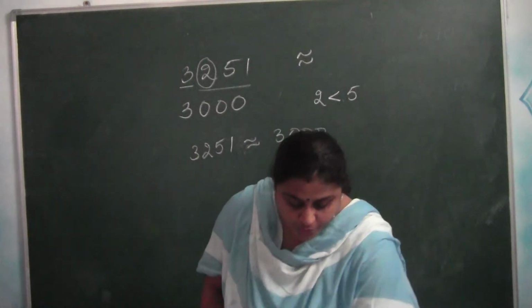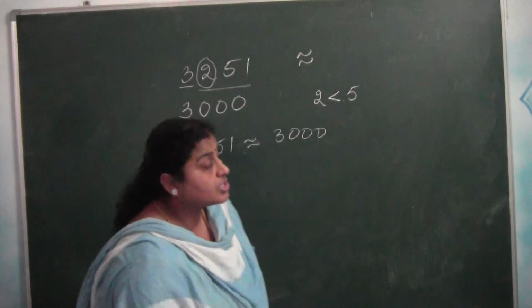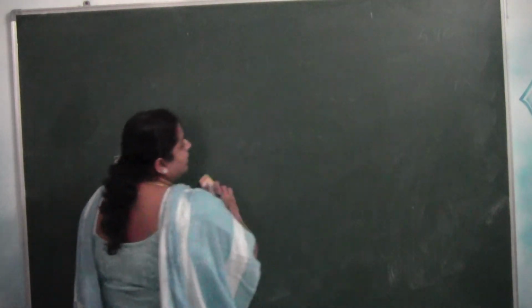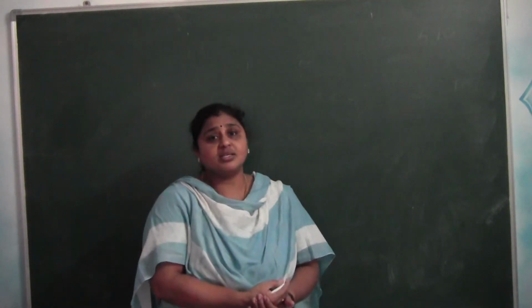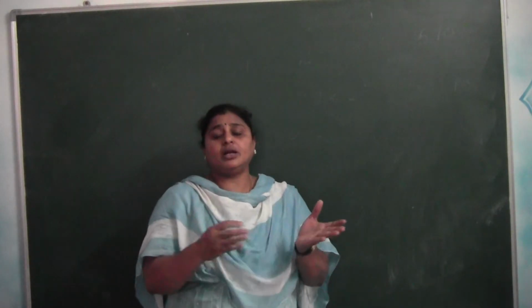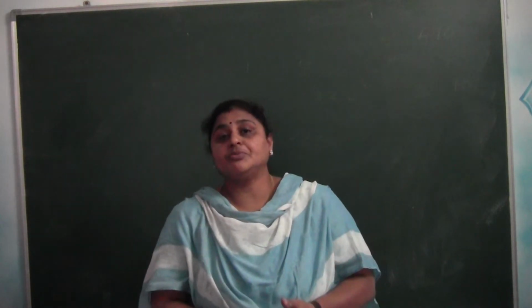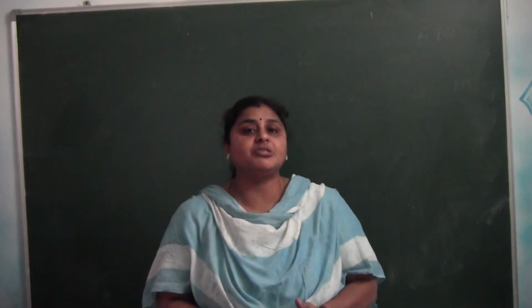Okay. Now let us move on to the other topic, that is the international place value system. So far you have learned the Indian place value system. Now let us learn about the international place value system. Both go with the place value system only, but so far we are learning with the Indian place value system.